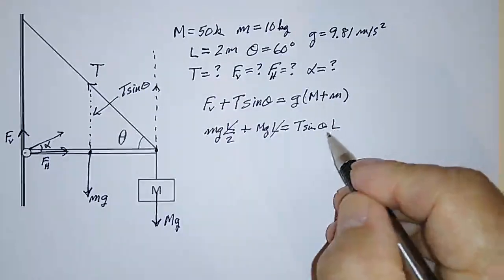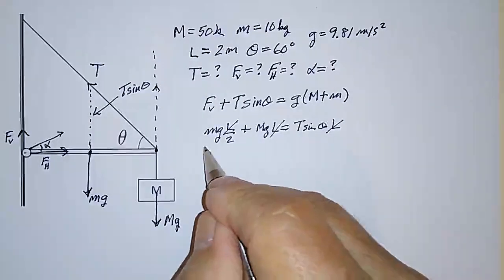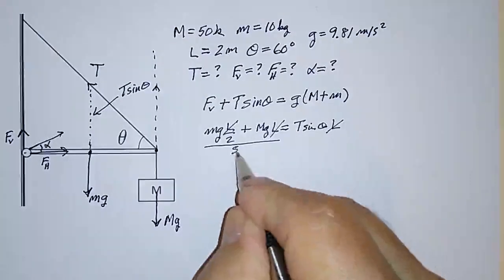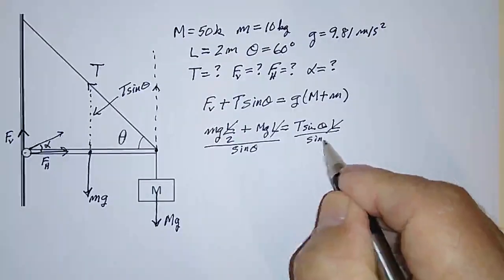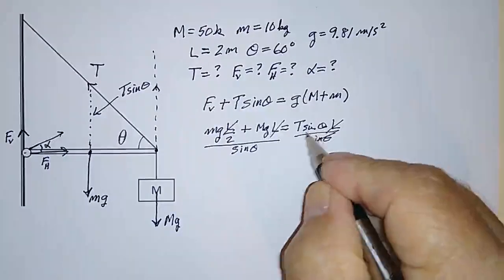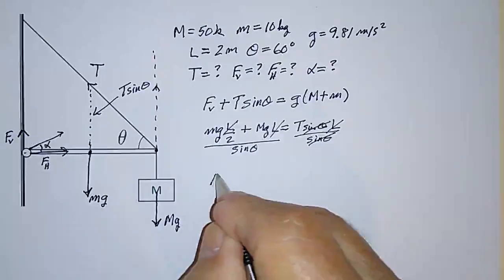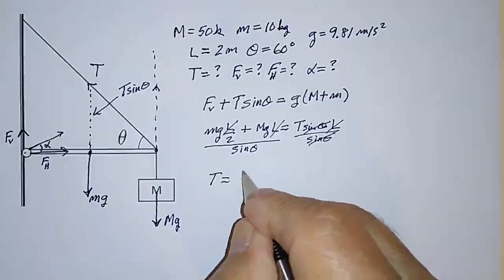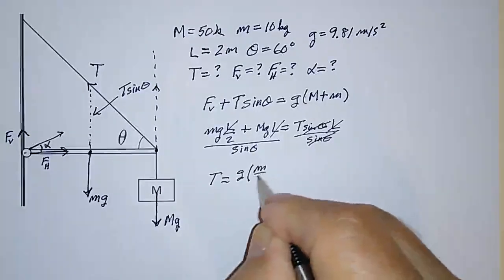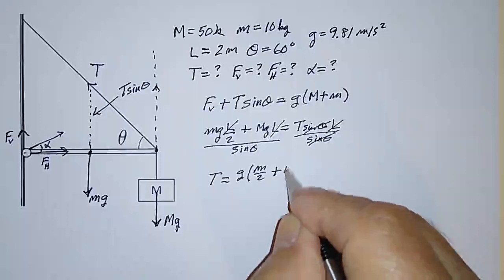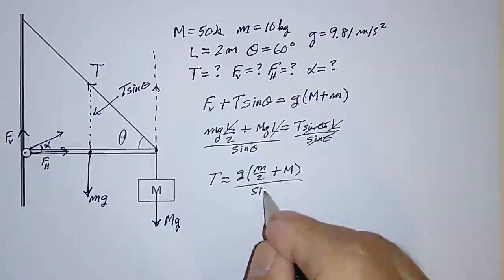I can divide both sides by L, and then if I divide this side by sine theta and divide the other side by sine theta, then I have T. So T is equal to g times little m over 2 plus big M, and all of this is divided by sine theta.